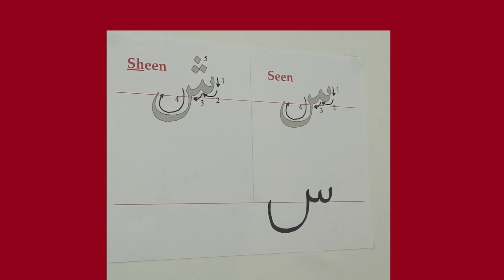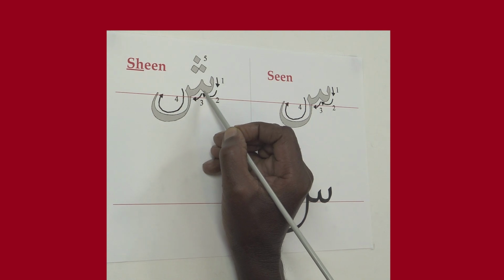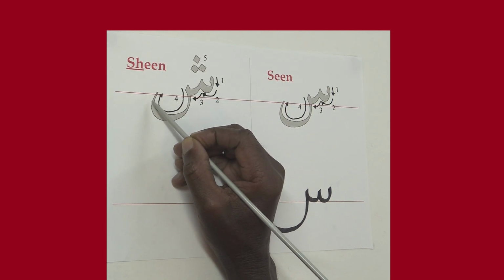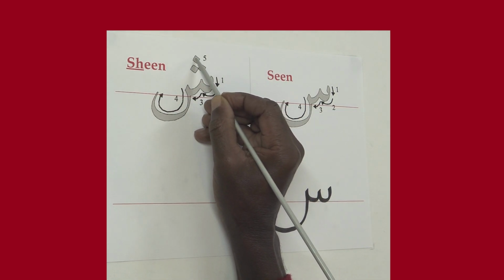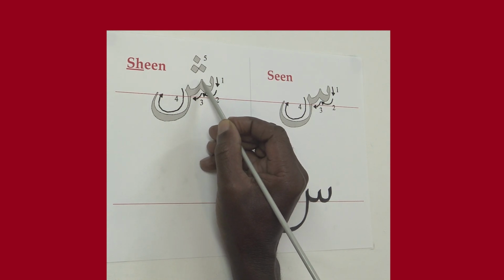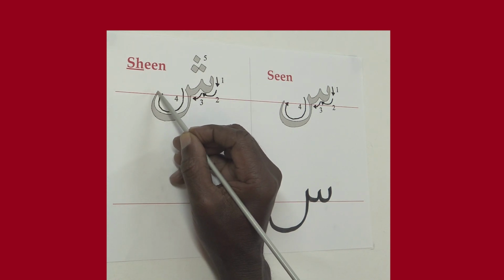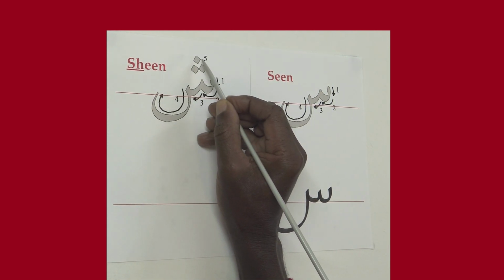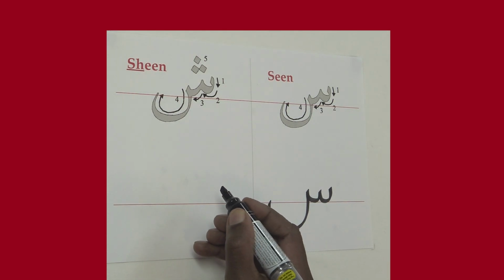The next letter is the same in shape as letter sin. Here we go. The same hand movement. Look below, back up, stop. And then apply 3 dots on top. One more time. Letter sheen. Do the shape first and then apply the dots. 1, 2, and the 3rd dot. Sheen. Let me write this for you as well.